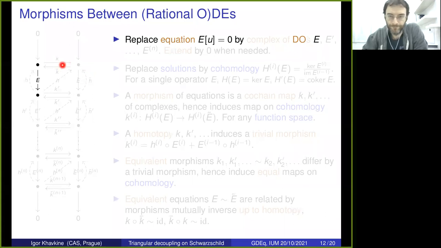All right, when speaking of a differential equation, I will interchangeably refer to the equation or to the operator as the equation itself. The first maybe non-obvious thing that you can do is replace or generalize the notion of an equation or an operator to a complex of differential operators.